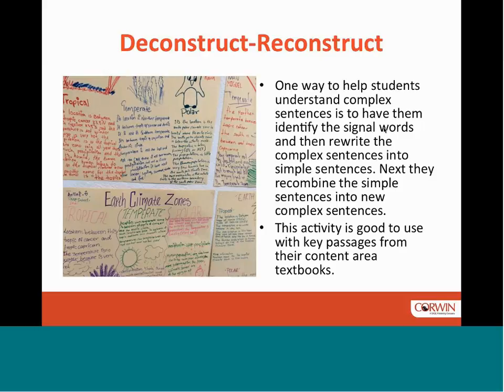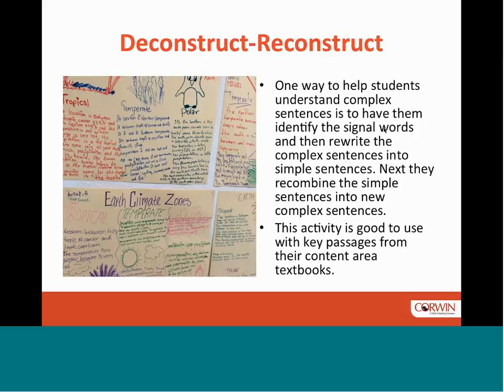Now, to get students there, one way to do it is to break complex sentences into simple sentences and then put them back into complex sentences. Now, in doing this, we would say that it's extremely important to keep this in context, and it should be in the context of a key passage from their content area textbook.